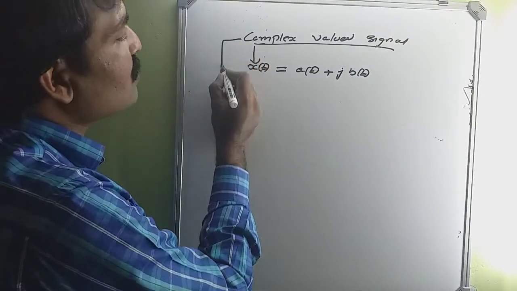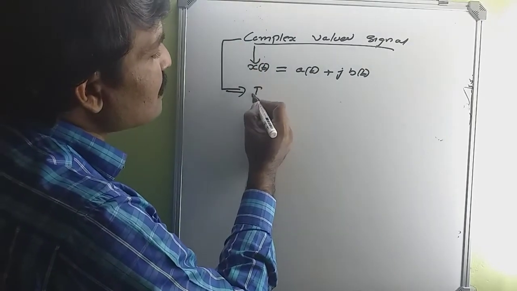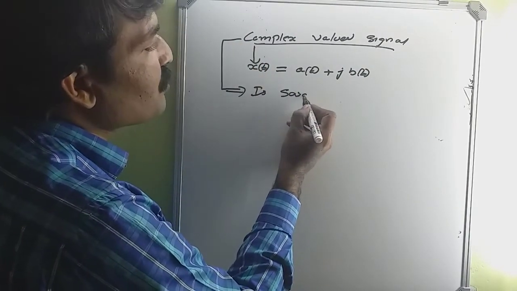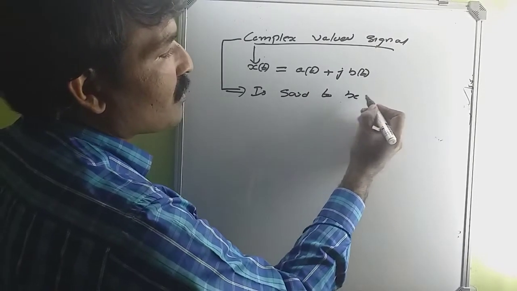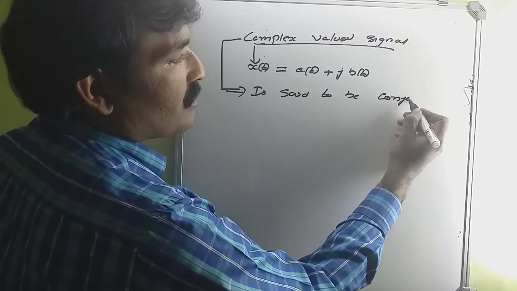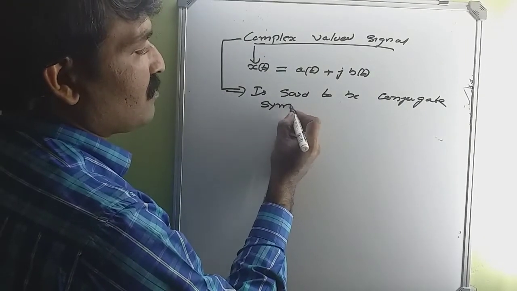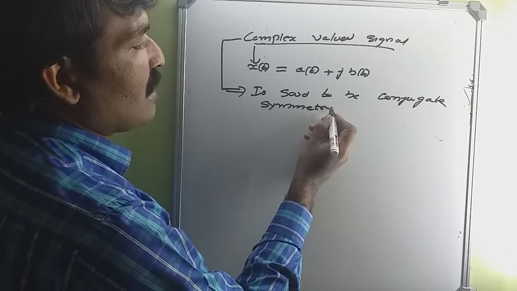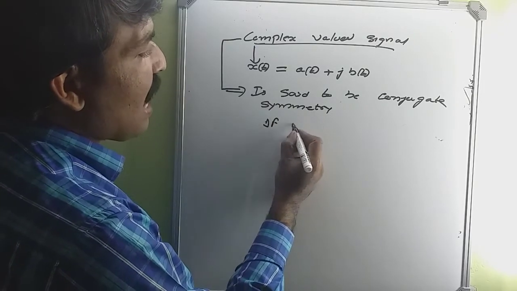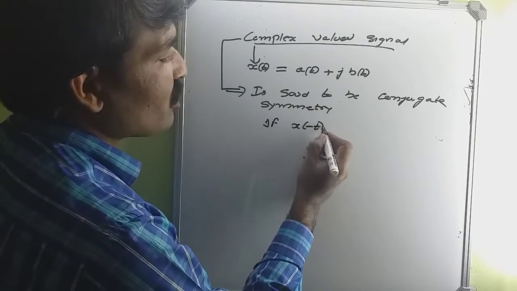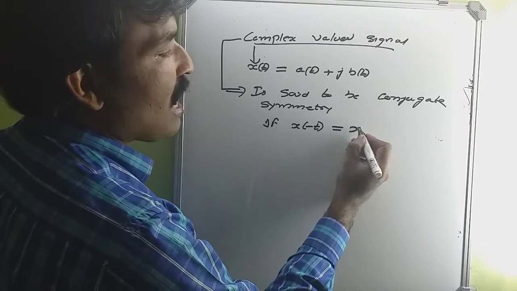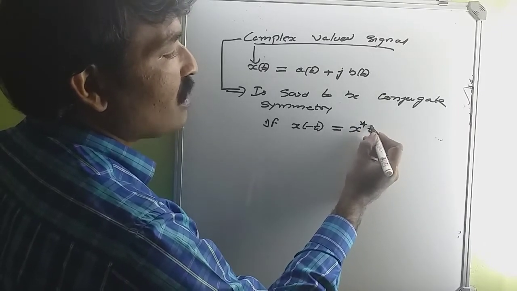This complex valued signal is said to be conjugate symmetric if x of minus t is equal to x conjugate of t.